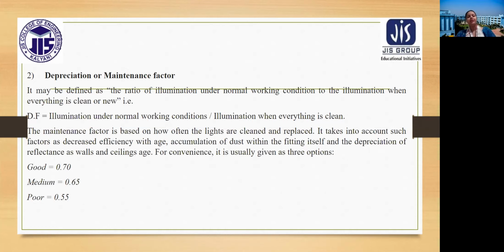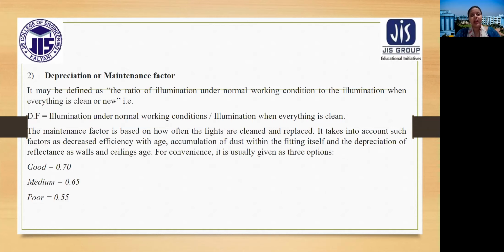So there is accumulation of dust on the lamp, and as a result the efficiency decreases. It takes into account such factors as decreased efficiency with age, accumulation of dust within the fitting itself, and the depreciation of reflectance as walls and ceiling age.